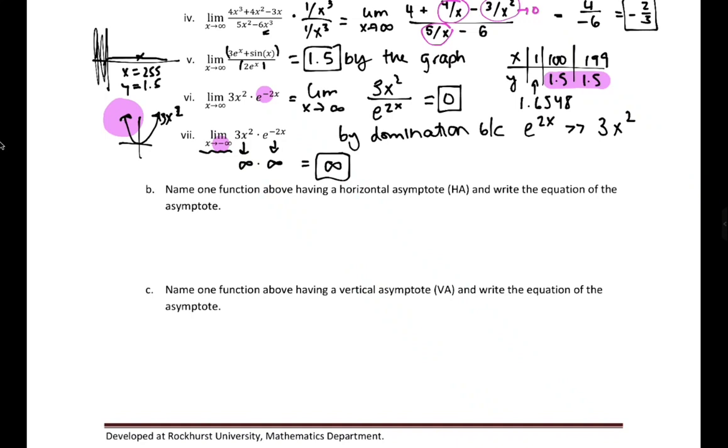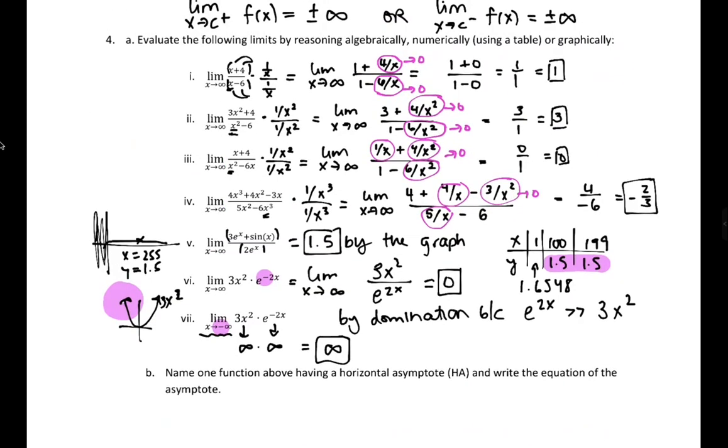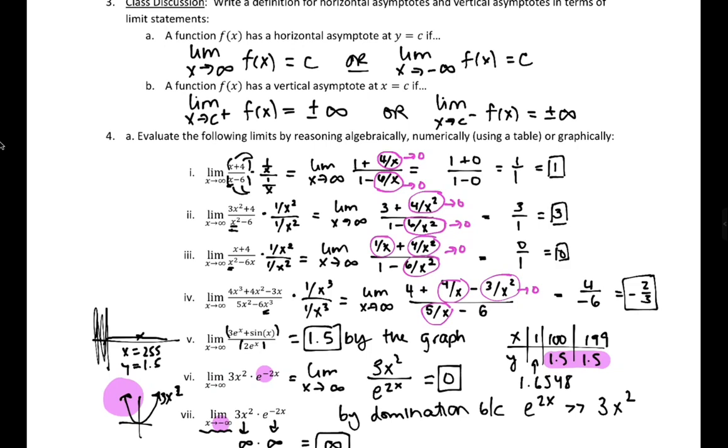problem is just to identify horizontal and vertical asymptotes from any of these types of limit statements. And so just to review, for a horizontal asymptote, we want an example where x is approaching plus or minus infinity and y is approaching a number. And I can see that that's what's happening on the first four problems.